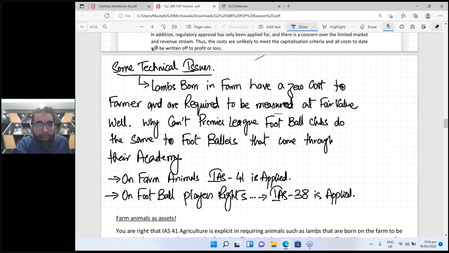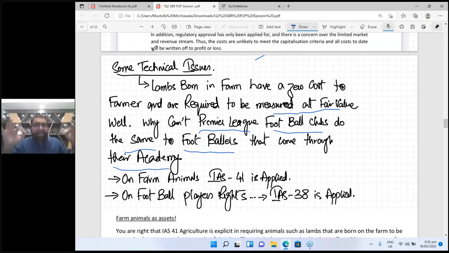Well, why can't the Premier League do the same? Think about football. Why can't the Premier League football clubs do the same for the footballers that came through their academy? These Premier League clubs get players from 2 sources.